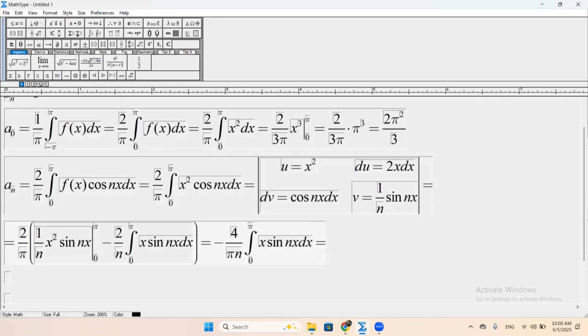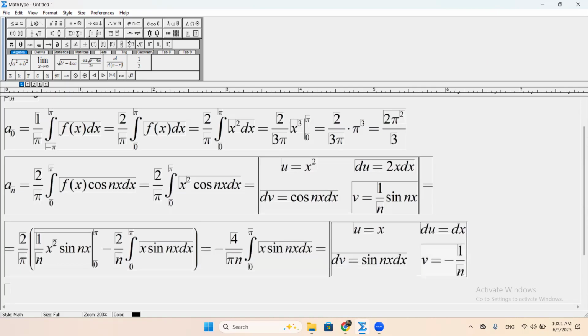And now we will integrate by parts once more. So u equals x, du equals dx, dv equals sine of nx dx, and v equals minus 1 over n cosine of nx.